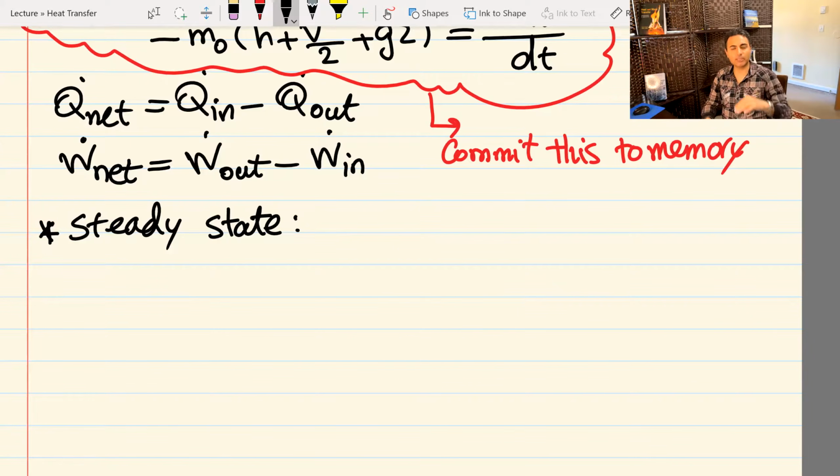And you take a picture 10 minutes later, and you see the exact same thing. That's when you can say the process is steady state. But let me tell you this, and this is again a common problem among students. A turbine in a power plant, when we analyze it, is considered a steady state process. But people say, hey, you said steady state. Steady state means the state doesn't change.